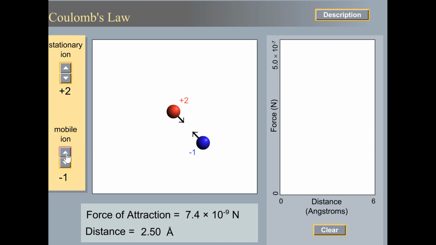It was at 7.4, and now it becomes 1.5 times 10 to the -8th. Remember that when the exponent is decreased and it's a negative number, that means it's getting bigger. So our force of attraction also increased.